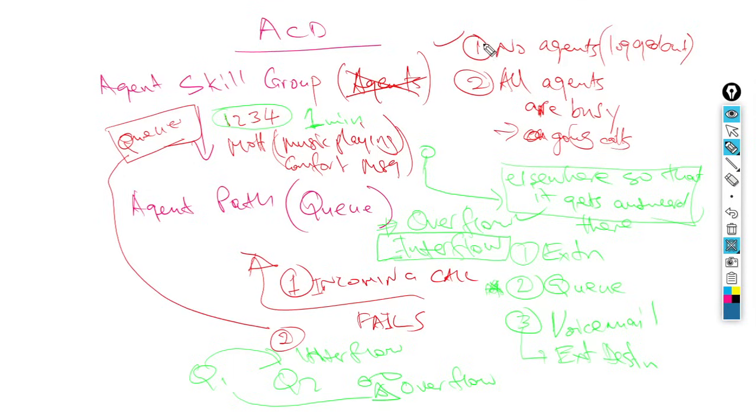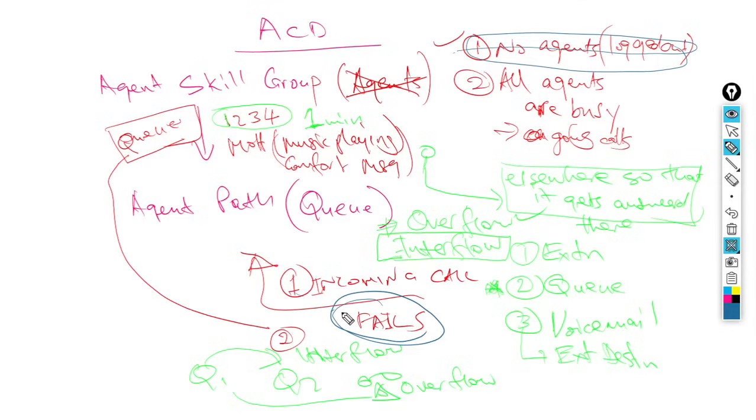So we can also configure so that when there are no agents in the queue, they are all logged out, they are not available, and a call comes in, instead of the call failing, like we said, if there are no agents, the call will just fail. It is like you are calling a non-existing number.